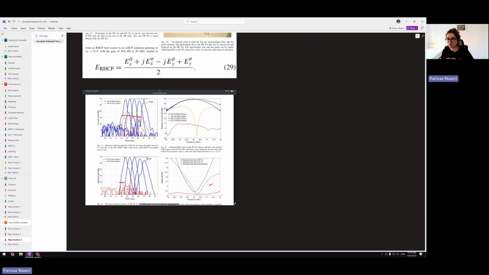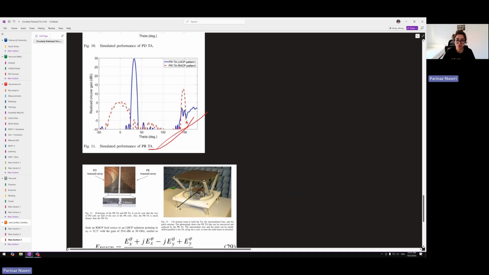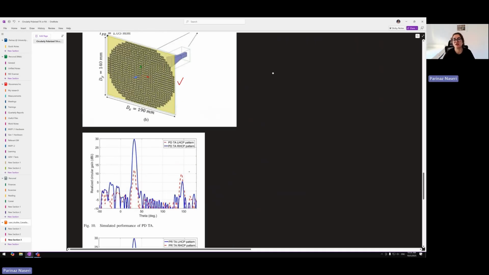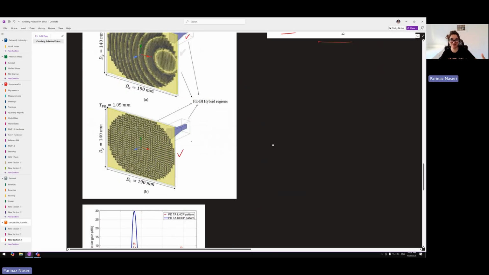But with the PD, you have to have a perfect feed to get a perfect wave on the other side, because if your axial ratio is bad, the PD doesn't do anything to it. The PD has no filtering effect. So that's why.